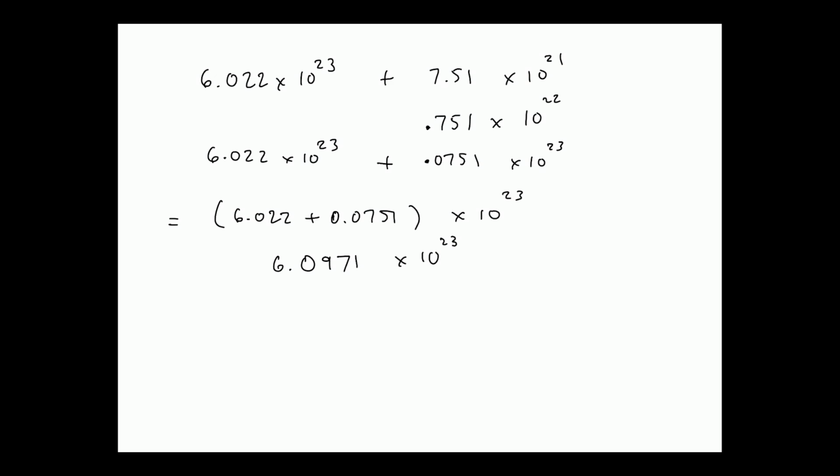Okay. So when we took the number that had the smaller exponent and we deliberately changed it so that it violated our rule about having exactly one digit before the decimal point, what we were doing was denormalizing that number. Okay?